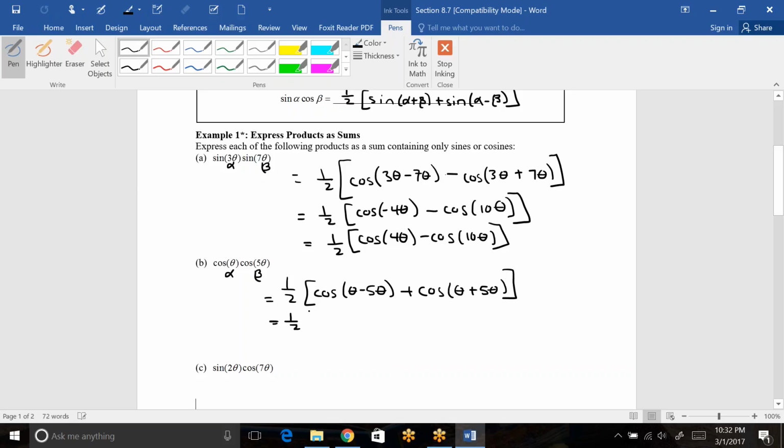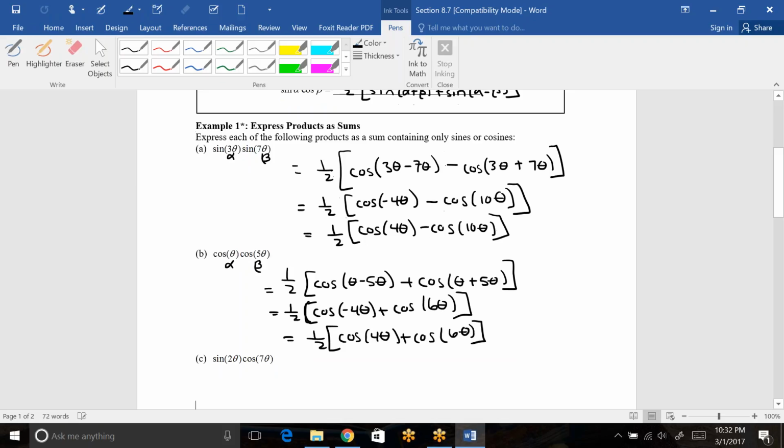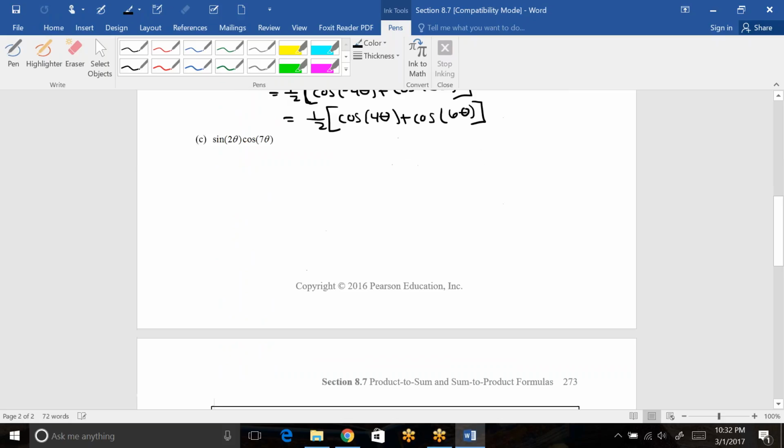This would be 1/2 of cosine, and that's -4 theta, plus cosine of 6 theta. And then again, cosine is an even function, so that would just be cosine of 4 theta plus cosine of 6 theta, all times 1/2 again.